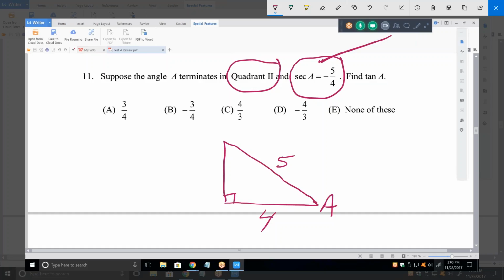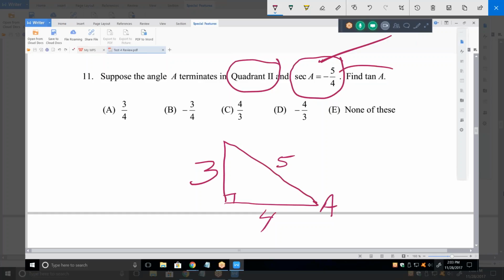Now, that allows us to dimension the third side of this triangle. What is the third side? 3. And we can do it using the Pythagorean Theorem, but when you recognize a 3, 4, 5 triangle, you don't have to go through the Pythagorean Theorem. You can just do it.